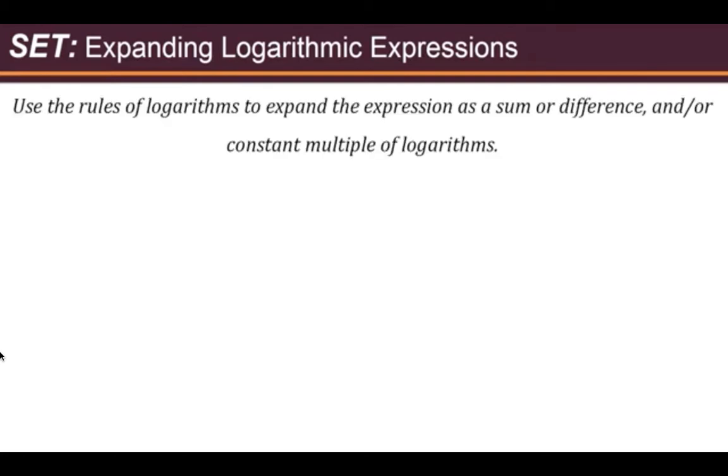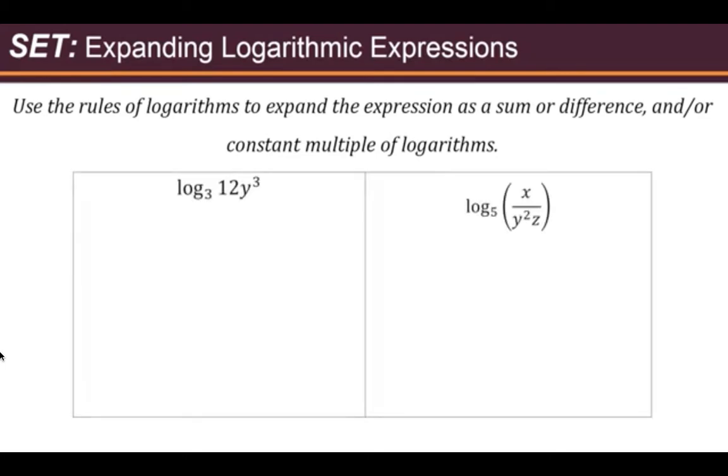For example, use the rules of logarithms to expand the expression as a sum or difference and/or constant multiple of logarithms. For our first example, we have log base 3 of 12 times y cubed. This is a logarithm of the product 12 times y cubed. So to expand this, we will use the log of a product rule.